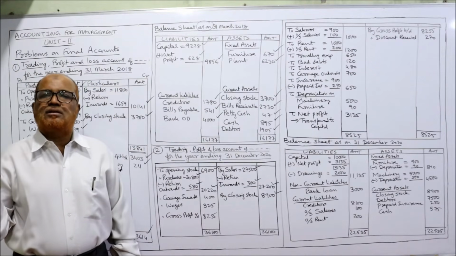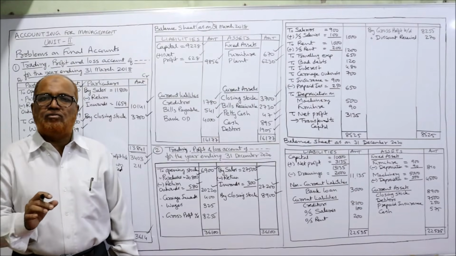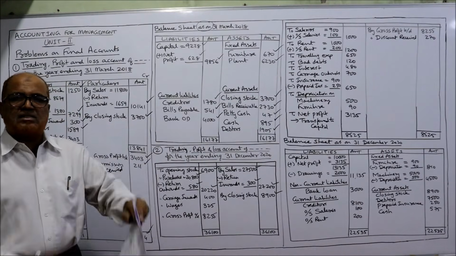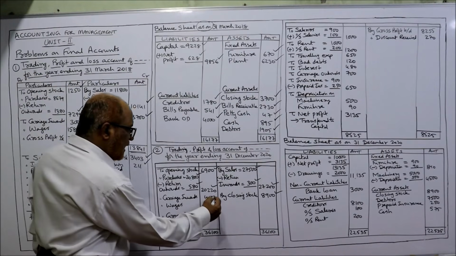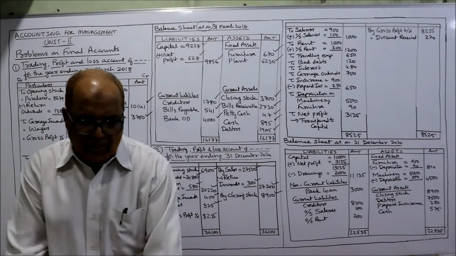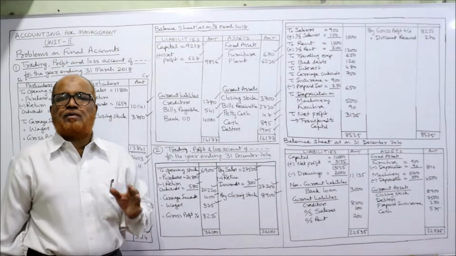Apart from these, some direct expenses are there, like direct wages or carriage inward. In our problem we have carriage inward 400, wages 325. That's all. We have taken all the items of the trading account to find out the gross profit.